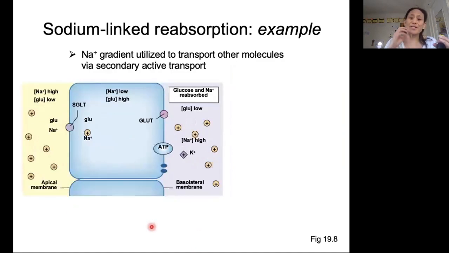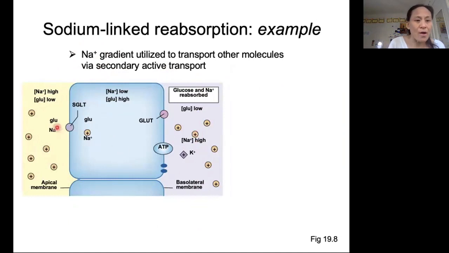Here is a specific example of how we use our sodium gradients to transport other molecules, okay? So we're going to use the example of glucose. And again, we have our tubule lumen here, our tubule wall here, and our extracellular fluid here.